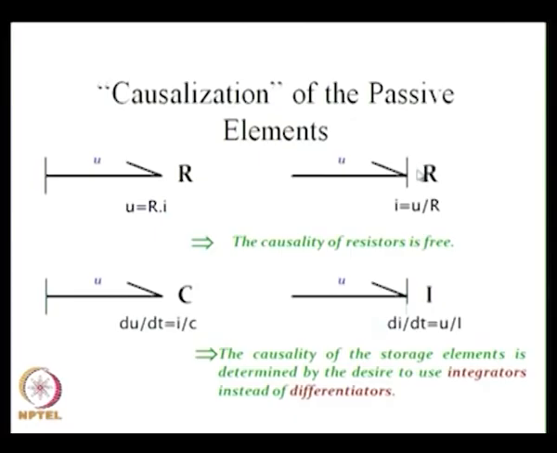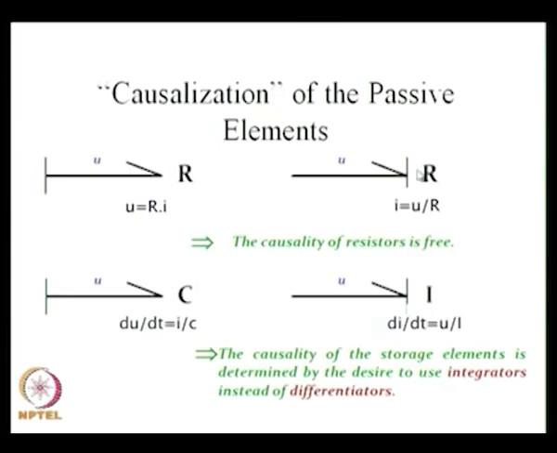Now you can supply a current to this element and get a voltage drop. So I is given as an input and U is the output. So you can calculate U is equal to R multiplied by I, that is the relationship for this causal stroke. In this case the causal stroke is on the left side, then the relationship is U is equal to R I.